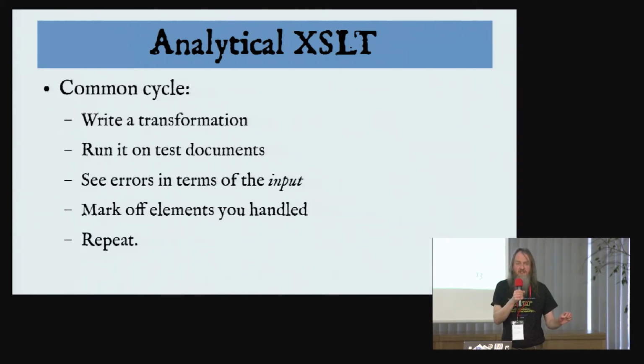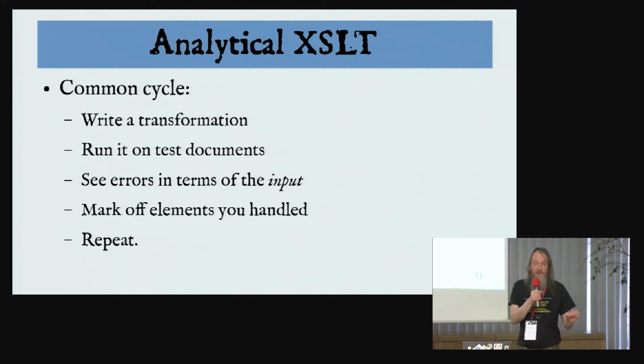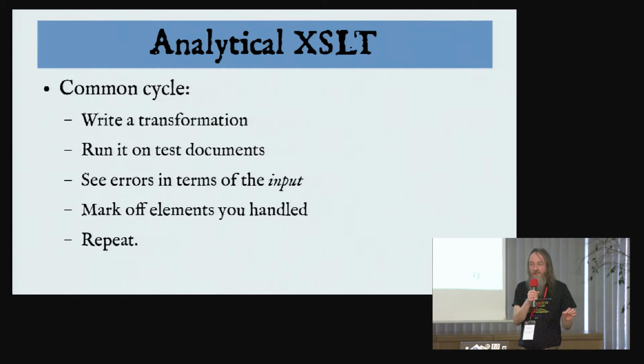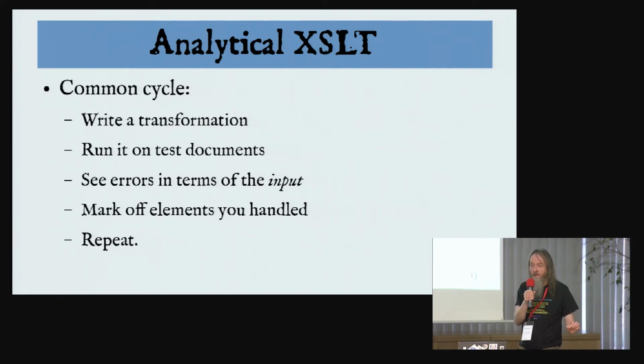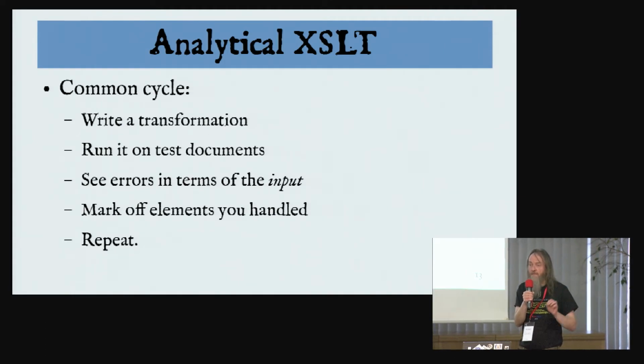But that XSLT that I mentioned that Eddic writes, that you import, it's a 5 megabyte identity transform because what it's doing is it gives error messages in terms of not the input document, not the output document that you would get by validating, but the input DTD.